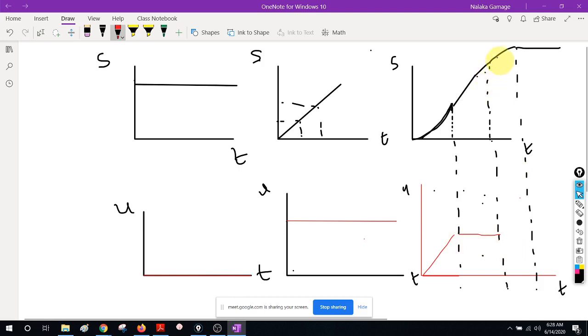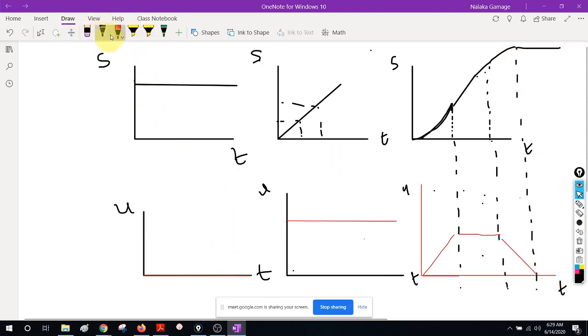Now here there is a deceleration. Deceleration means the rate of change is getting lower and lower. Assume that it came to a standstill. It will be something like this. Then of course you can see the displacement is not changing. That means the rate of change, or the velocity, is now zero.